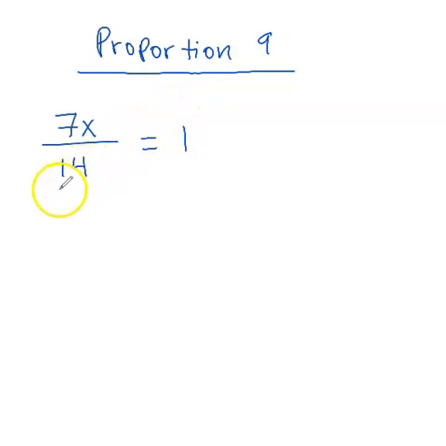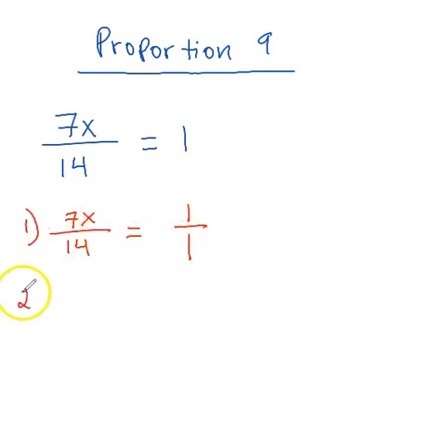All right, proportion number 9. So 7x over 14 equals 1. So you'll be wondering, how do you do this one? Like, I don't know. So this is how you do it. You get the 7x over 14 is equal to 1, which is the same as, just think of it as 1 over 1, put it as a fraction, and then cross multiply.